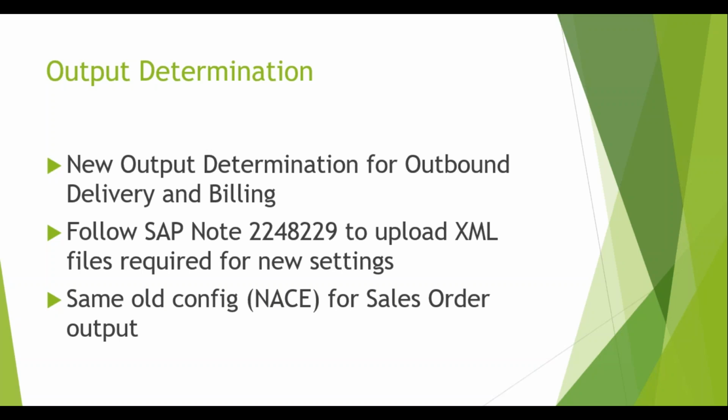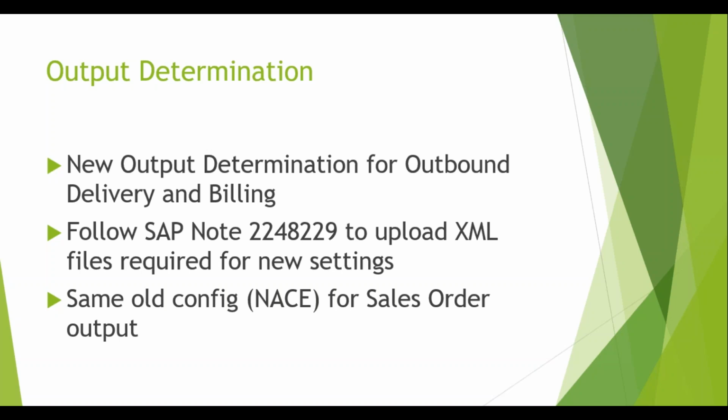In 1511, SAP has provided a new output determination. For purchase order, please understand it correctly, it was only supporting new output determination, while for billing, both were supported. By default, billing was supporting NAST. There was no mandate that you need to go for new output determination.